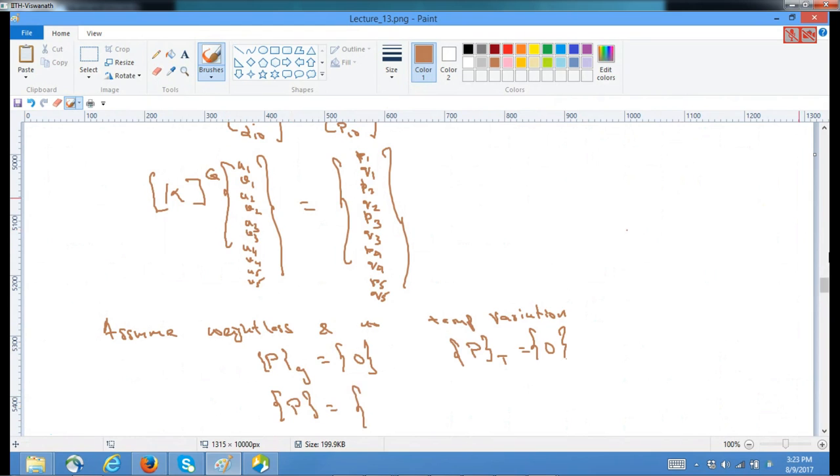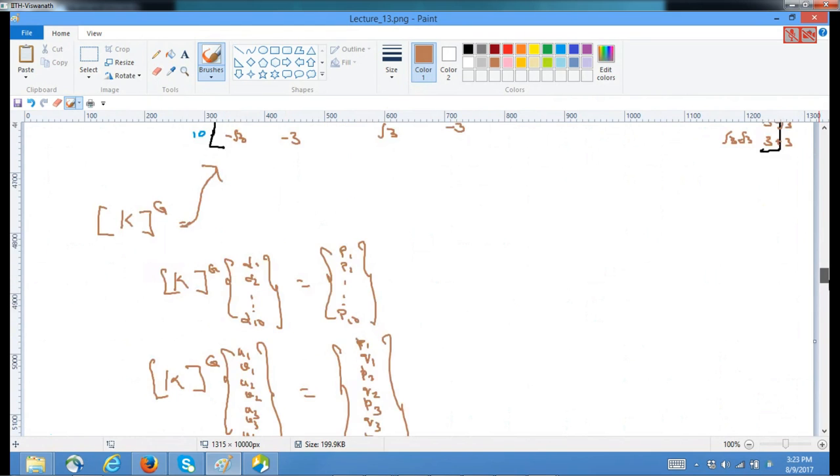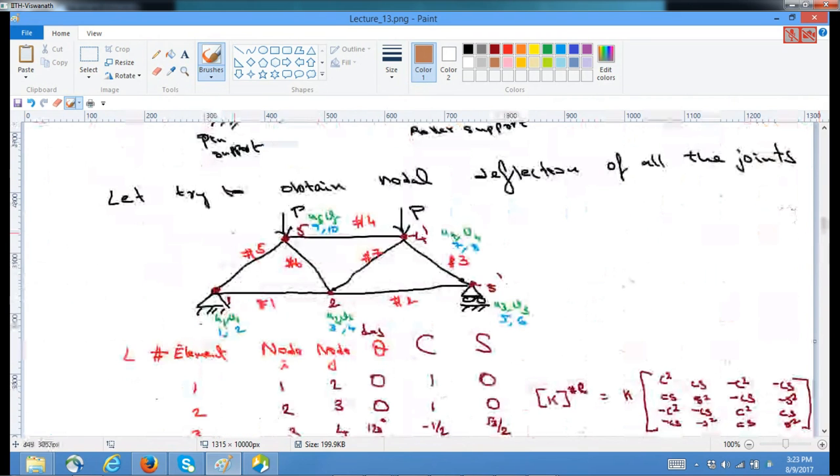Let's see the external forces. The external forces in this given structure are acting on the 10th and 8th degrees of freedom, right?